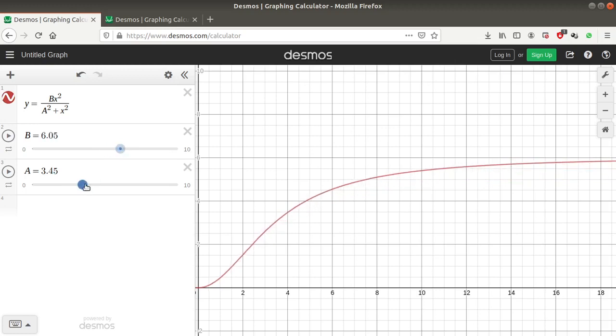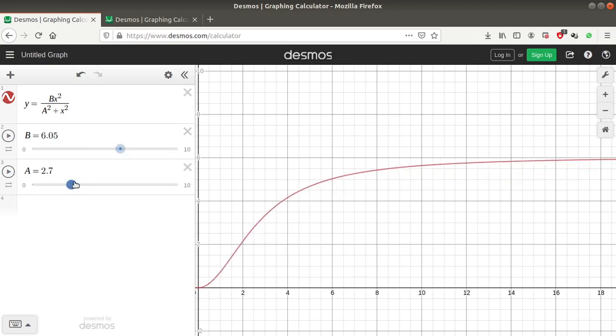So what exactly this function means is the following. If I have a very small number of insects, the p value is small, which means the predators, or the birds, will eat very few insects. So the reduction in the population of the insects due to the predators will be small.